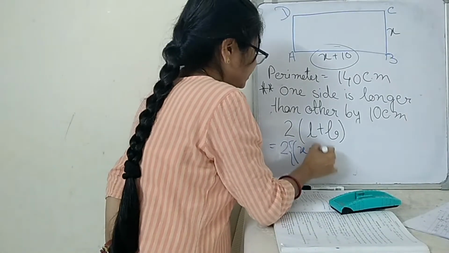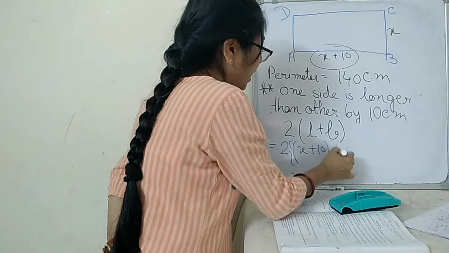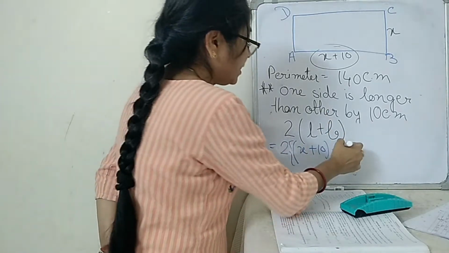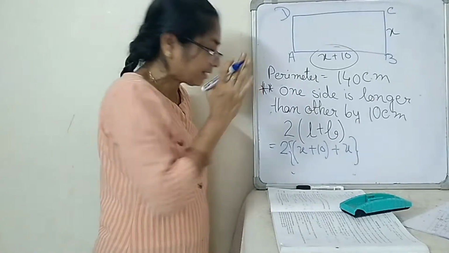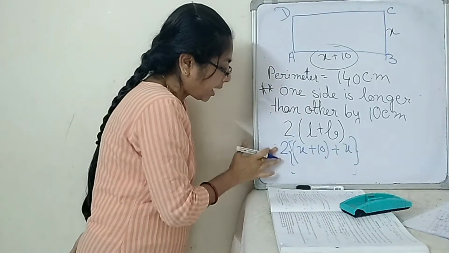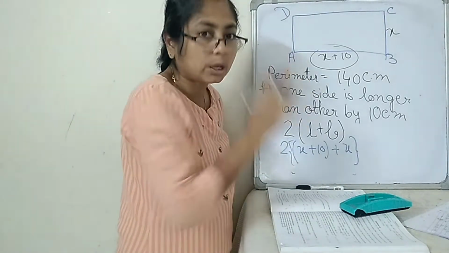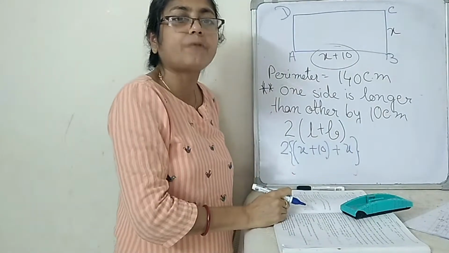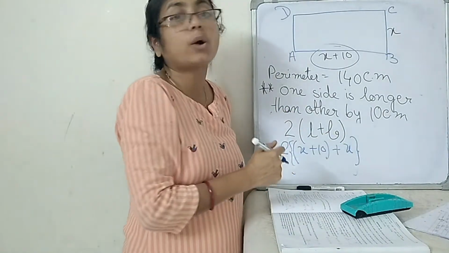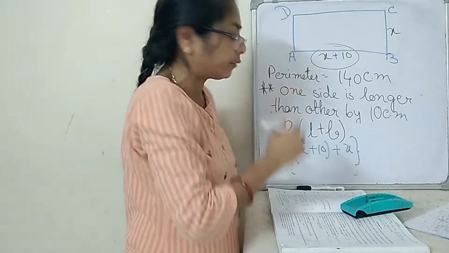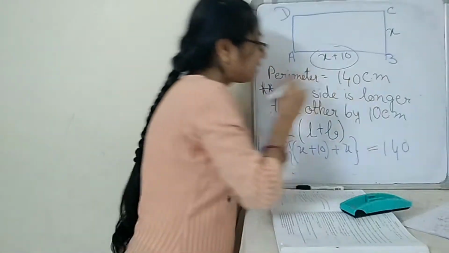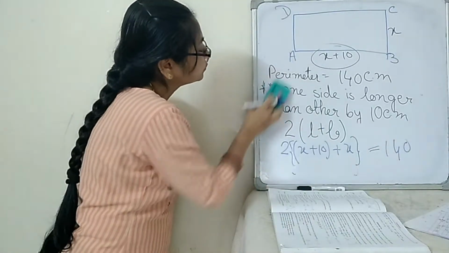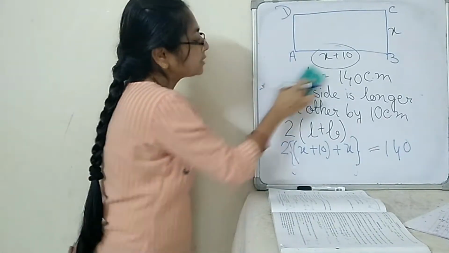Now let's put: 2(x plus 10 plus B), B means x. Clear? I just put the values. According to the question, this is the perimeter formula, and it is equal to 140. I write it equal to 140. Now I solve it. How can I solve?